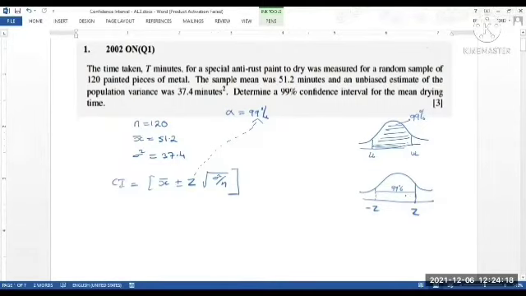So all the area to the left includes the 99% plus the other small area here, half a percentage here, half a percentage here, so a total of 99.5%. Right, so z will be phi inverse of 0.995, which is 99.5%.